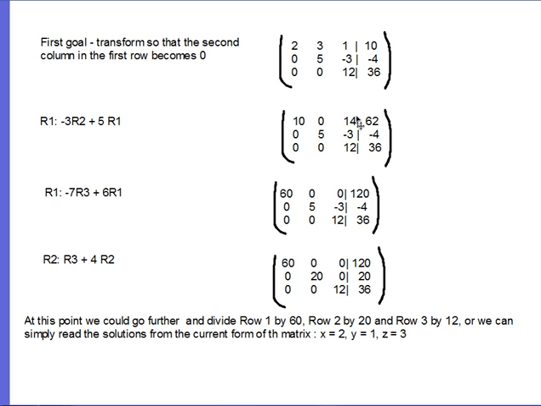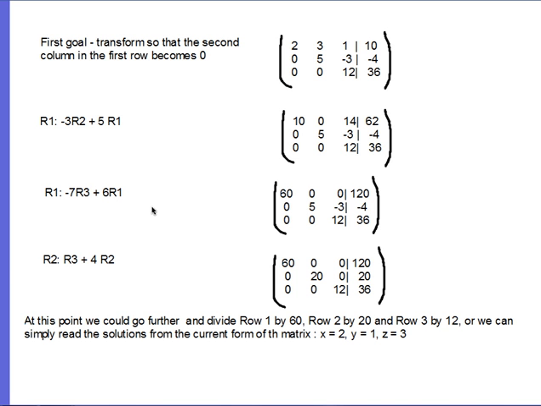In the first row we now want to try and get this 14 to a 0. So we have a new strategy, and that is row 1 is going to become negative 7 row 3 plus 6 row 1, sorry.